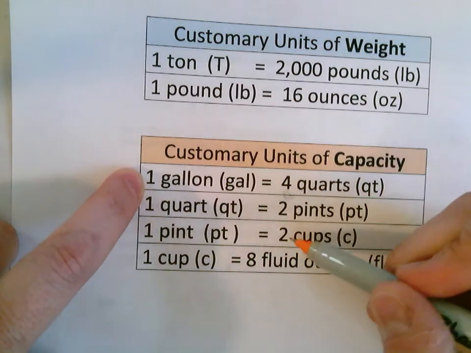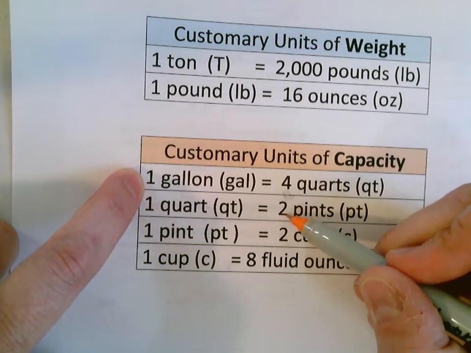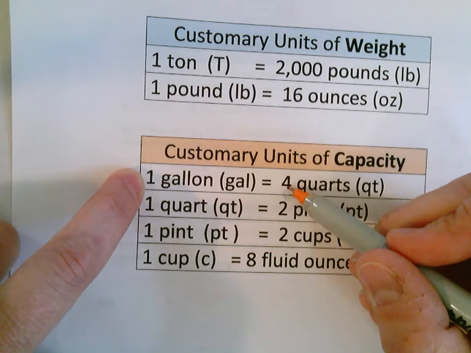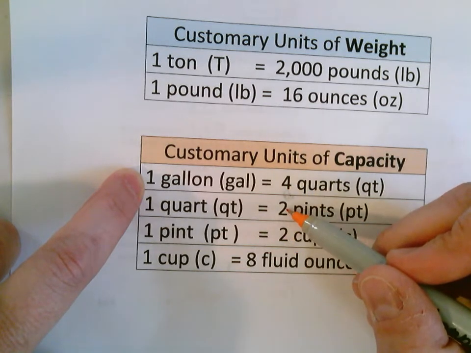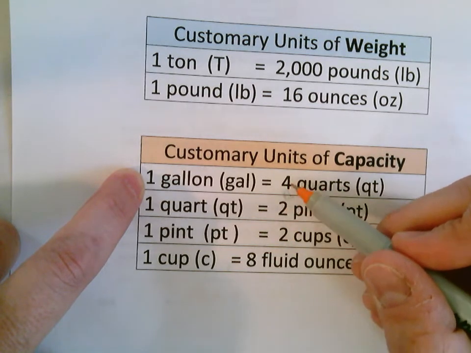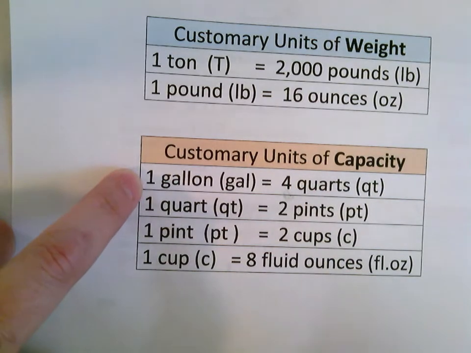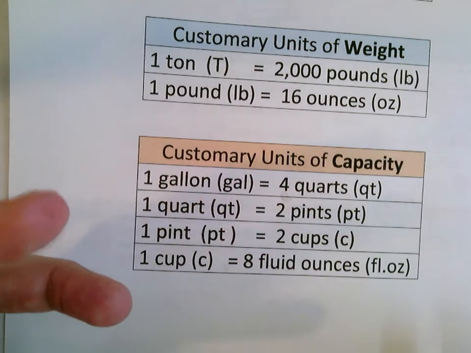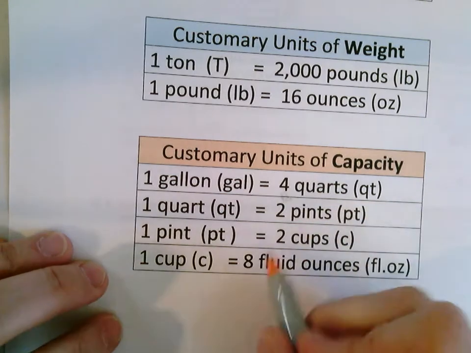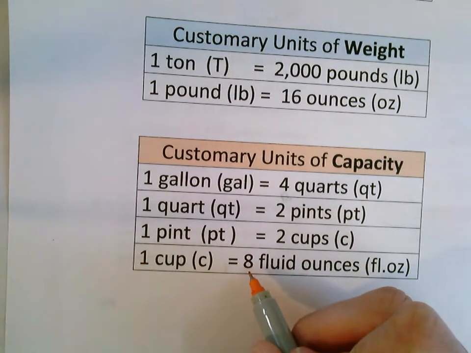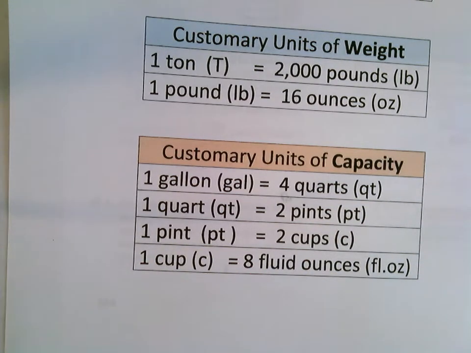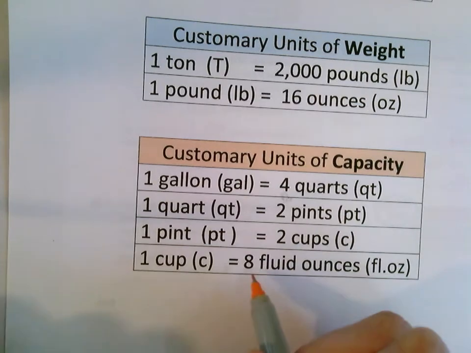We're going to have to multiply 2 times 2 times 4. 2 times 2 is 4. 4 times 4 is 16. So there's 16 cups in a gallon, and we would have to multiply that by 8 to figure out how many fluid ounces it is, right? So I would do 8 times 16, and I would get 128 fluid ounces.